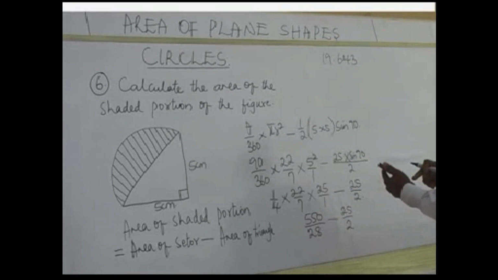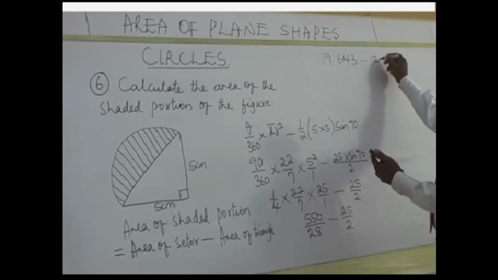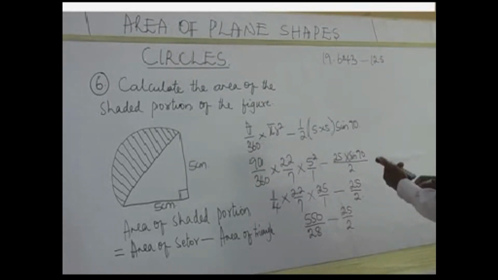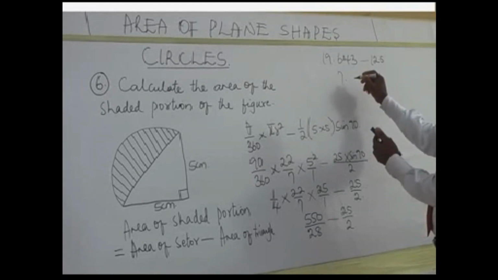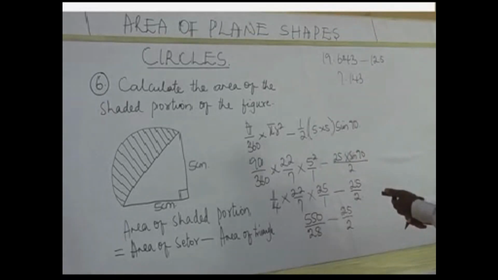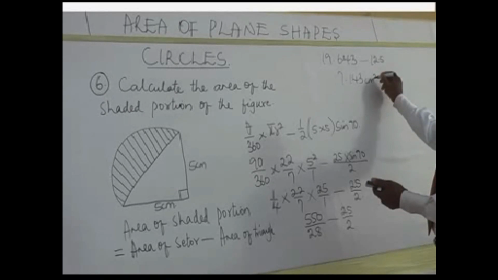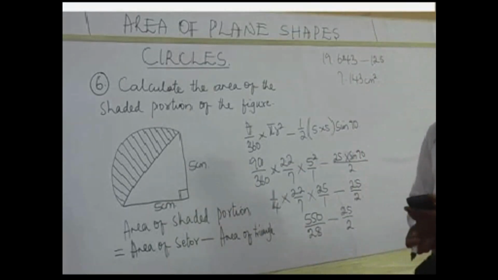The second fraction, 25 divided by 2, is giving me 12.5. So let's subtract. 19.643 minus 12.5 is giving me 7.143. And that is the area of the shaded portion of that figure, which the question has given us information about.